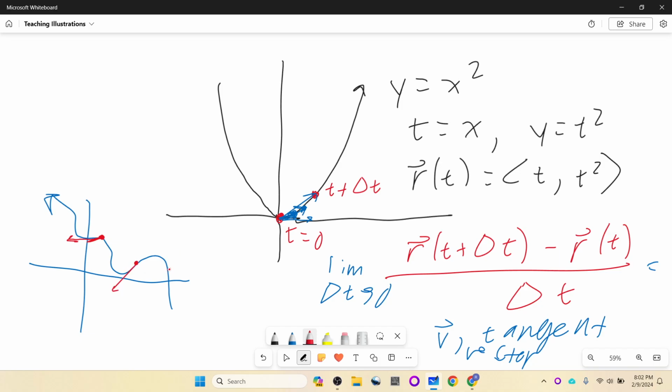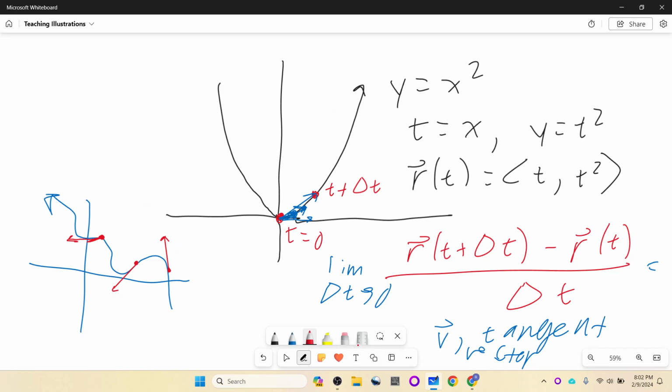If I picked a point here, the velocity vector would be tangent like that. So, just like in Calc 1, if we take a derivative and plug in a point, we get a vector that is tangent to the curve that we're looking at.